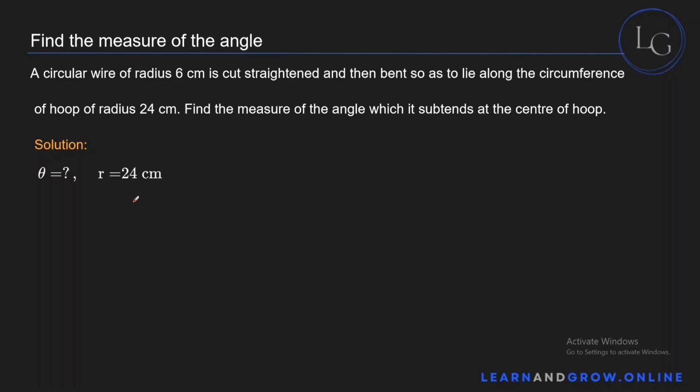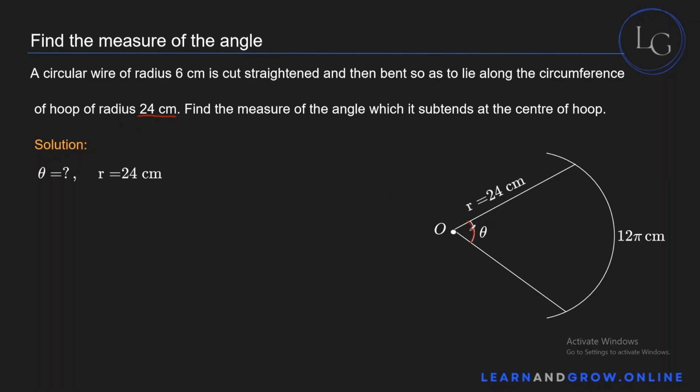Now we need to find theta, and we know that the radius is 24 centimeters, and basically we need to find this theta. Now this is obviously the radius, and 12 pi centimeters is the circumference.